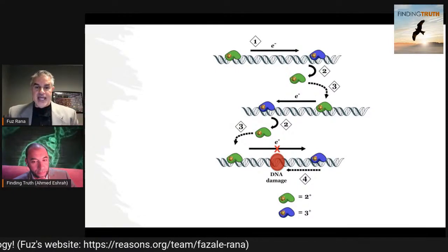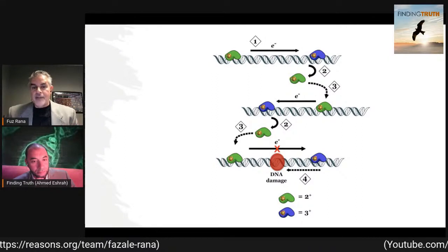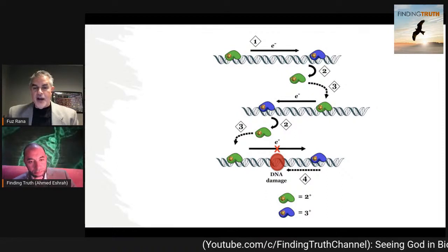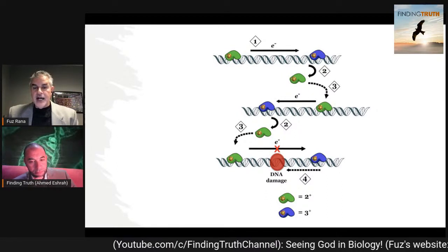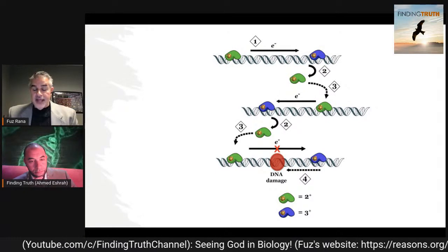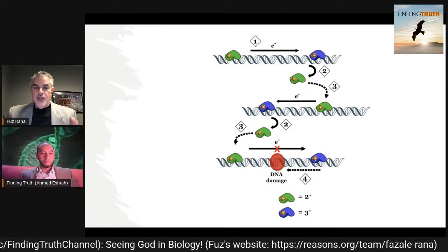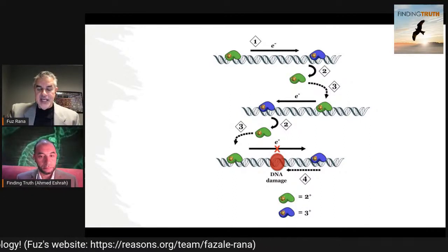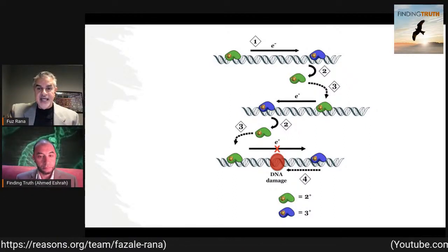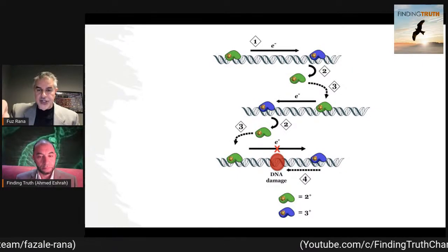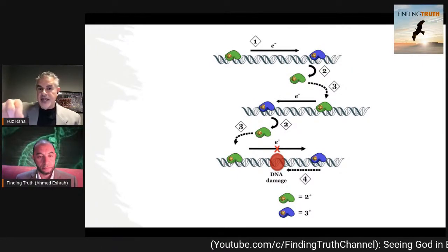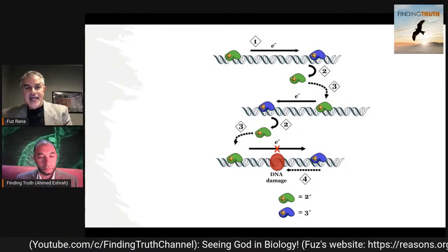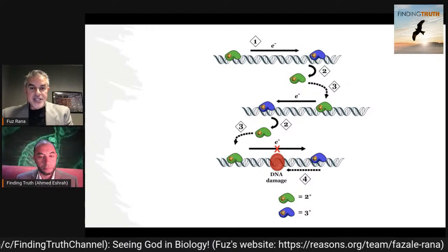Now, if damage takes place, it disrupts the wire properties of DNA. And when the wire properties are disrupted, the electrical current can't flow. So that DNA binding protein that is in that +3 state is now stuck to DNA, and it can actually very slowly move along the DNA double helix, but it's going to essentially be bound to the DNA near the site of the damage.